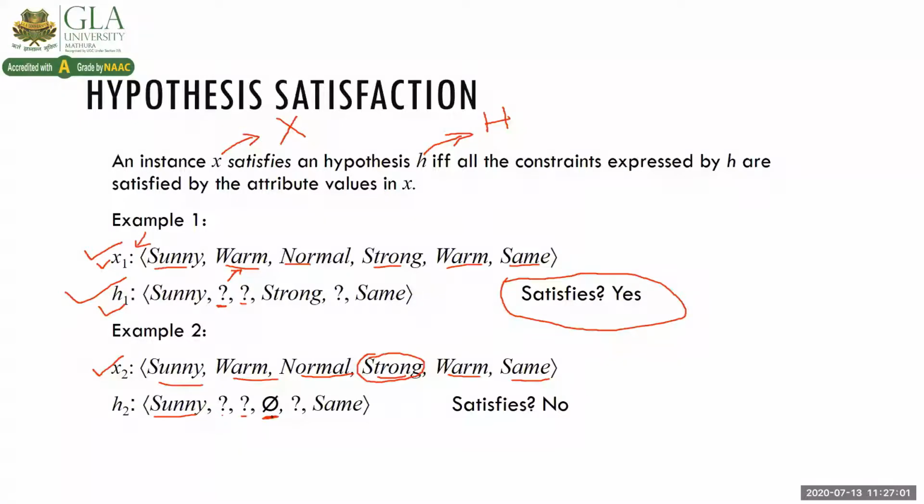It should be phi, no value should be there. Warm is satisfied because it is question mark, and same is satisfied. So because of this phi, the hypothesis is not satisfied. Clear?